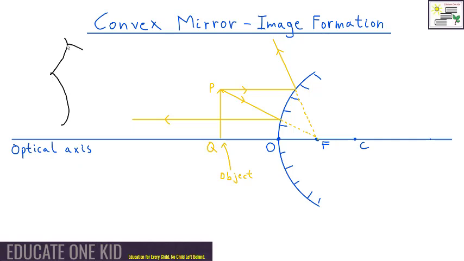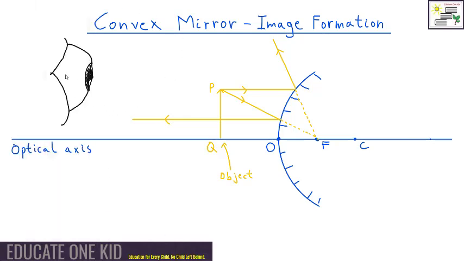Okay, so let me draw this observer and their eye. Okay, so these light rays will enter the person's eye, and the person's brain will try to make sense of the light rays.